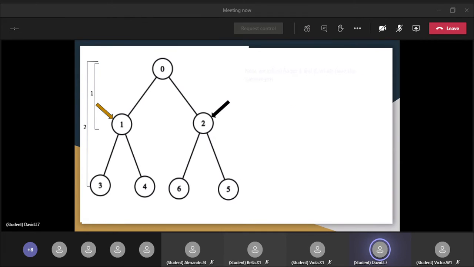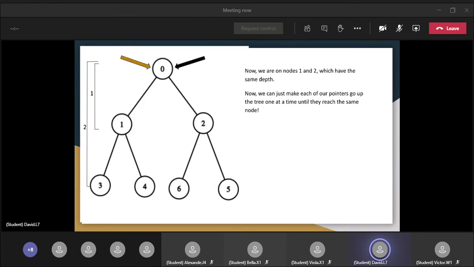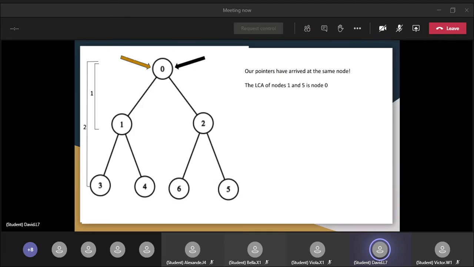So here we just go up the tree once, and now we're at nodes 1 and 2, which have the same depth. Now we can make each of our pointers go up the tree one at a time until they reach the same node. So here they would just have to move up the tree once, and then we would get to node 0, which is our LCA. So we can say that the LCA of nodes 1 and 5 is node 0.